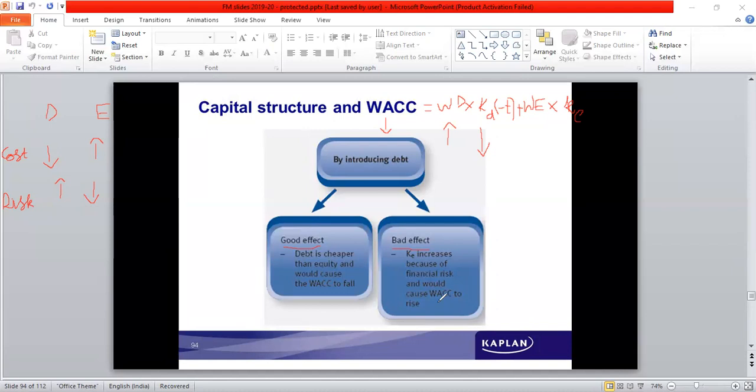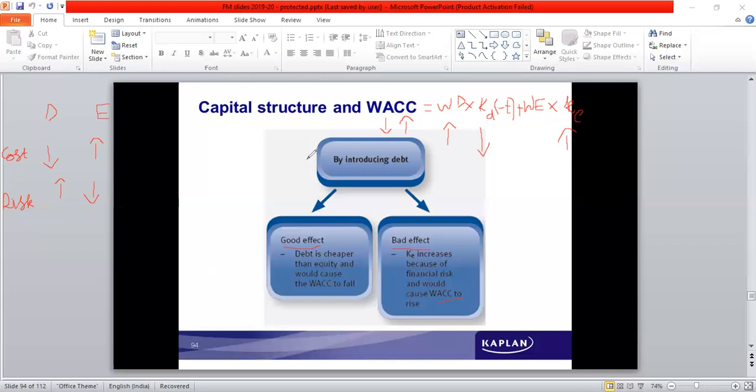So the weighted average cost of capital will rise, because the weight of the debt is increasing, then the cost of equity increases. When the cost of equity increases, the weighted average cost of capital also increases. So that is what is explained here.